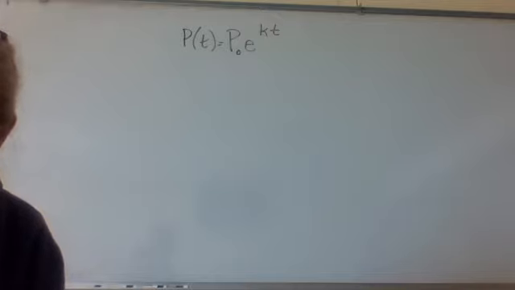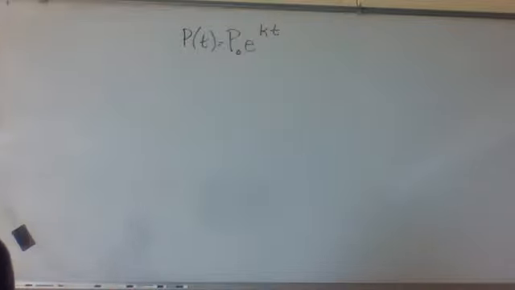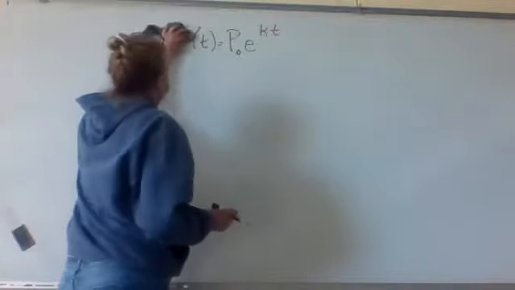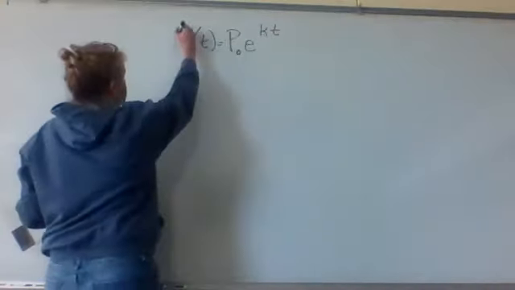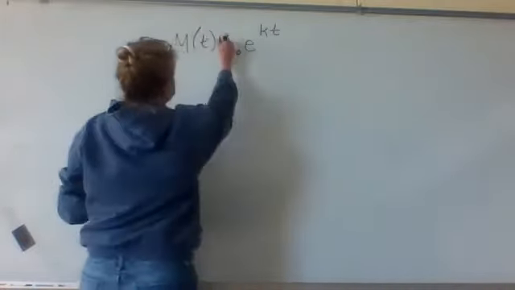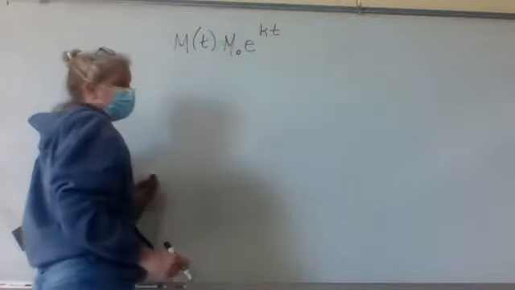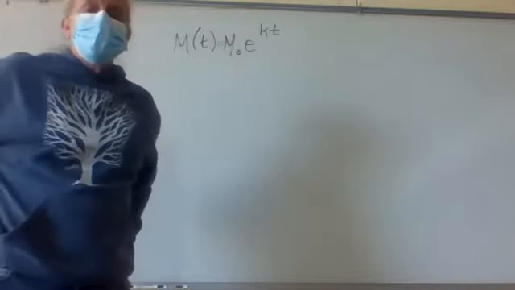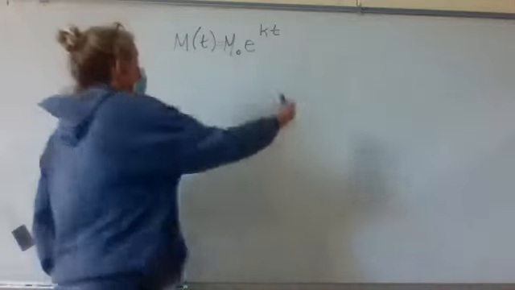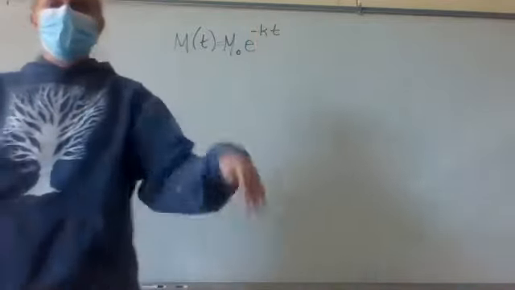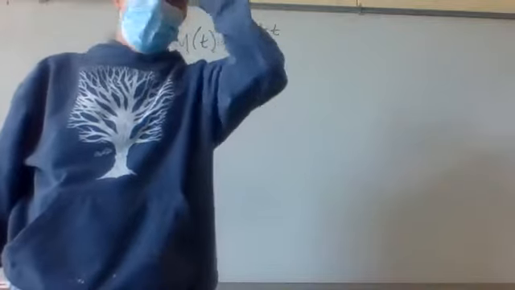Assuming that the percentage of adults who are married will continue to decrease, according to the exponential decay model, complete the parts. So when you're talking about exponential decay instead of exponential growth, they use M's instead of P's. Also, what would make you go down instead of going up? Your K is going to have a negative in front of it. That's what's going to make you decay instead of grow.